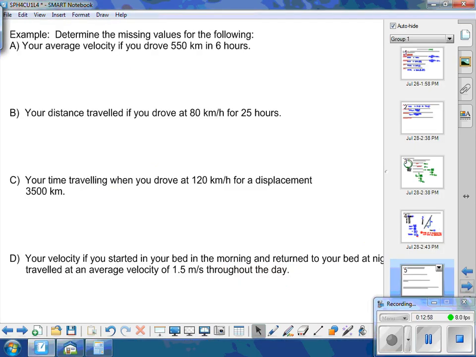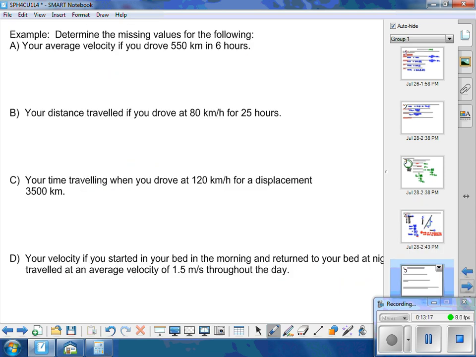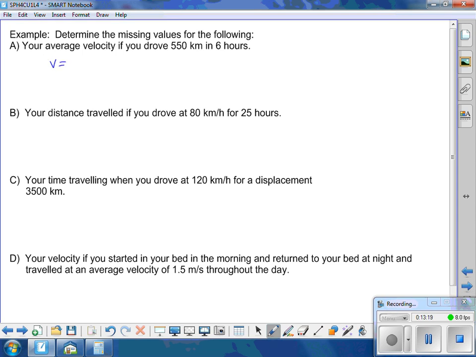Moving on to the final slide, a couple of quick examples. Determine the missing values. Your average velocity if you drove 550 kilometers in 6 hours. The formula that arose from the previous page was v equals d over t, so velocity equals distance divided by time.